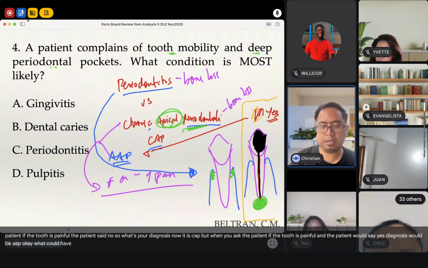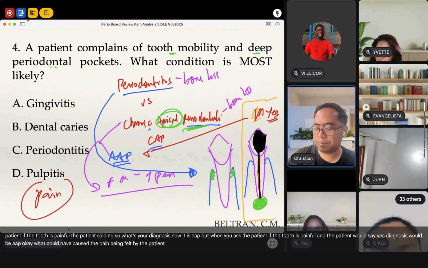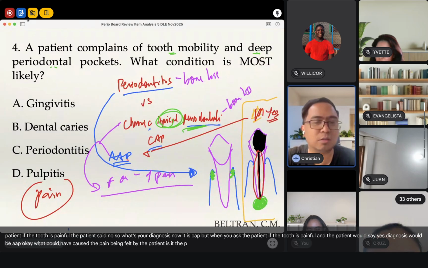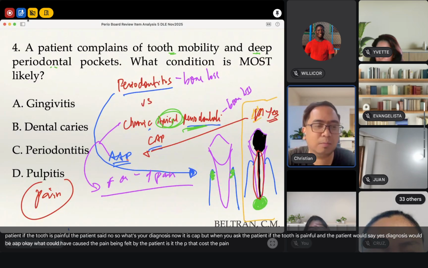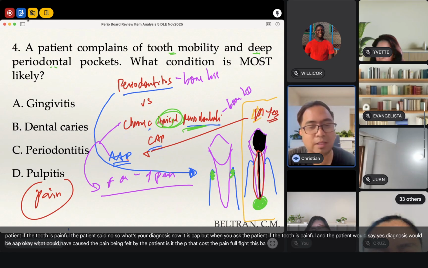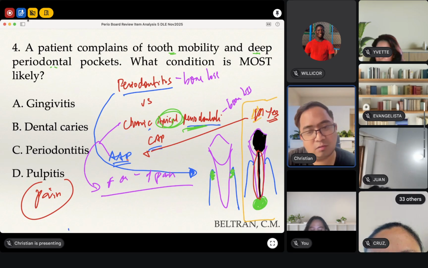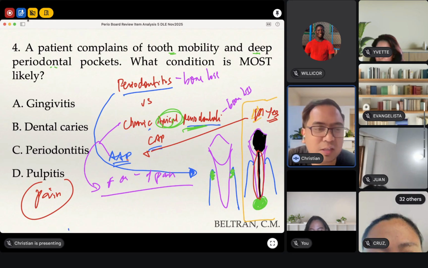What could have caused the pain being felt by the patient? Is it the pulp that caused the pain? Pulpitis ba yung nag-cause ng pain? Hindi. Di ba? Kasi the pulp here is already necrotic. Patay na yung tooth.